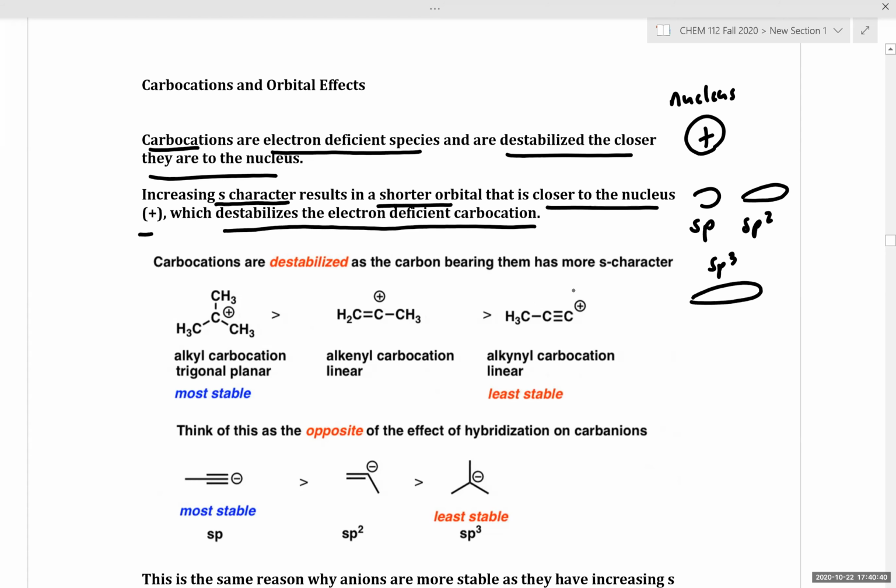So I'm going to put this in quotes because of course this hybridization is not directly sp, because there's no lone pair to fill out the second electron group.